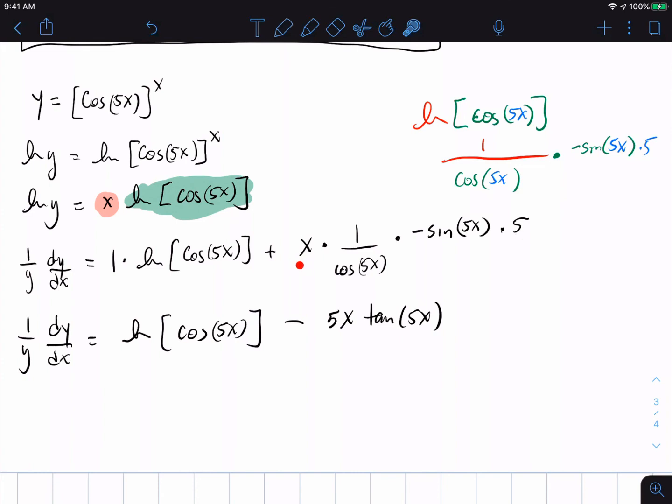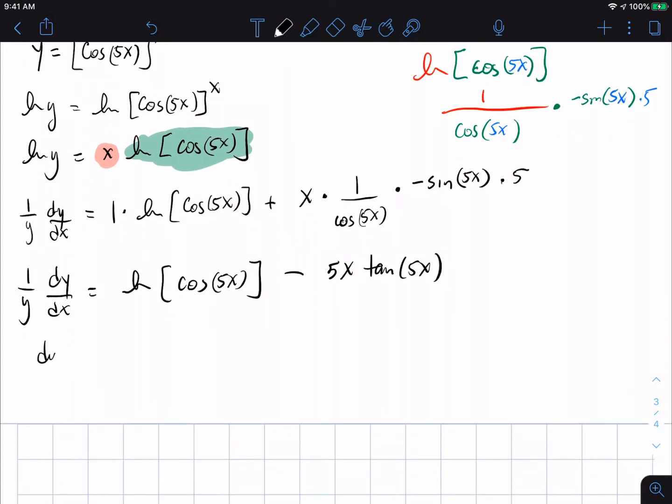Five times x is going to be the 5x. The minus sign changes it to a minus. Sine over cosine is tangent. It's okay if you don't see it. It's just to make it cleaner. Okay?